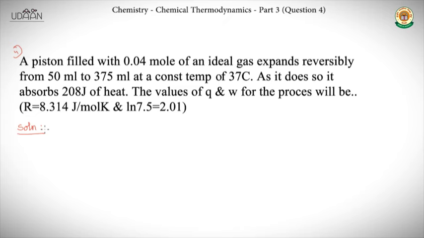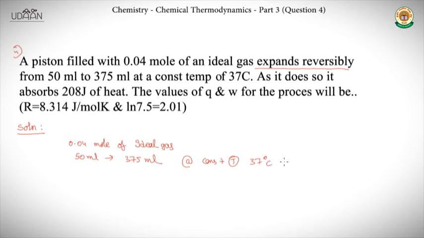Coming to the solution of this problem, first let us see what all is given in the question. A piston filled with 0.04 moles of ideal gas, and it expands reversibly from 50 ml to 375 ml at constant temperature, 37 degrees centigrade.